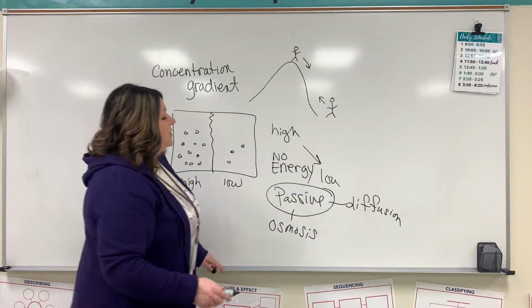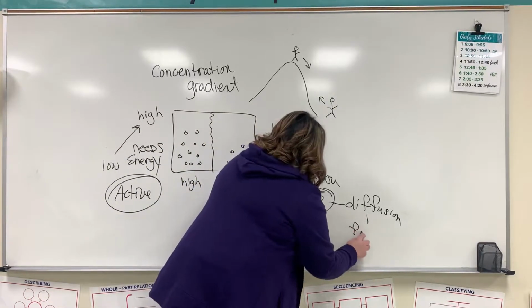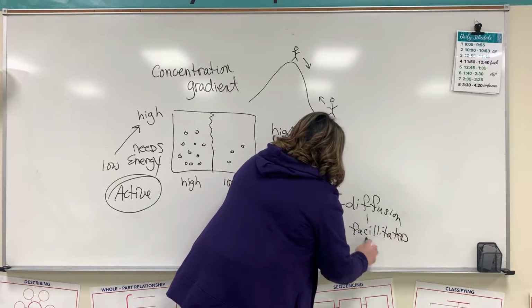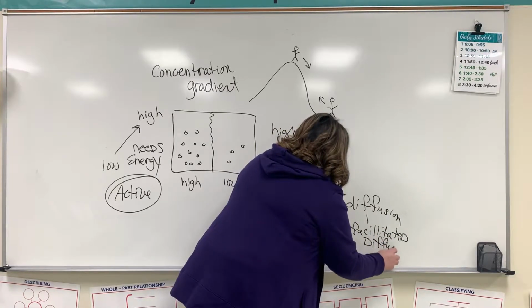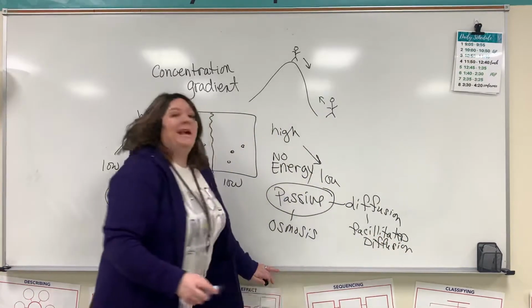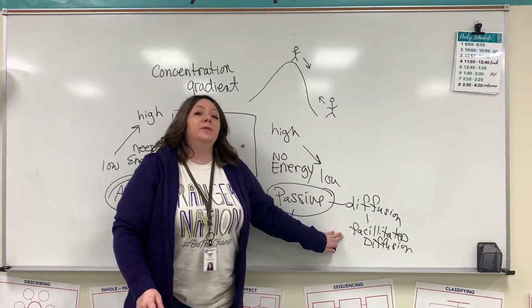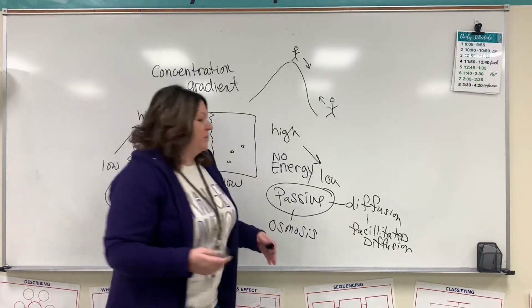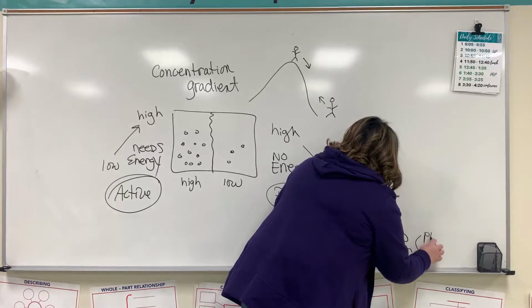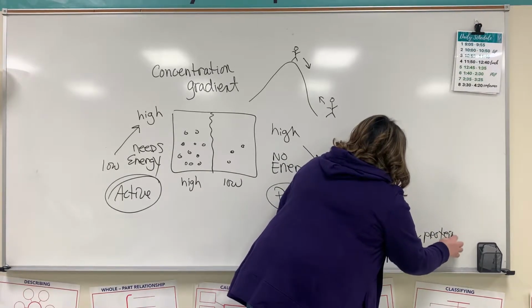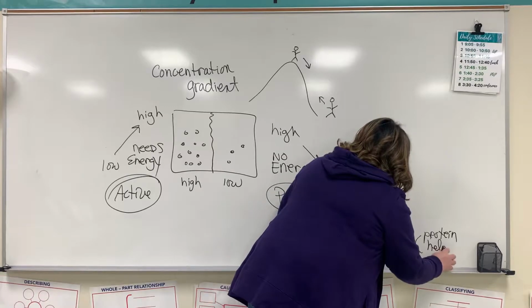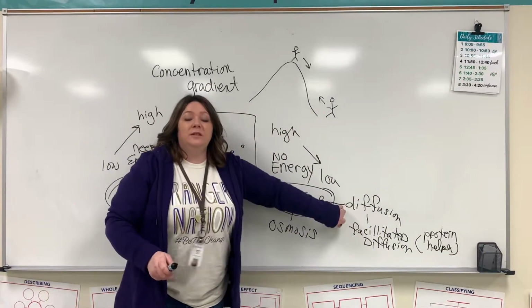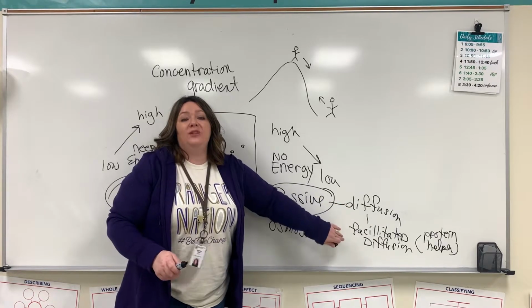Okay, there's also something called facilitated diffusion. And facilitated diffusion is still molecules going from high to low, but in this case, it's also being helped by a protein. Okay, so we're going to say protein helper.